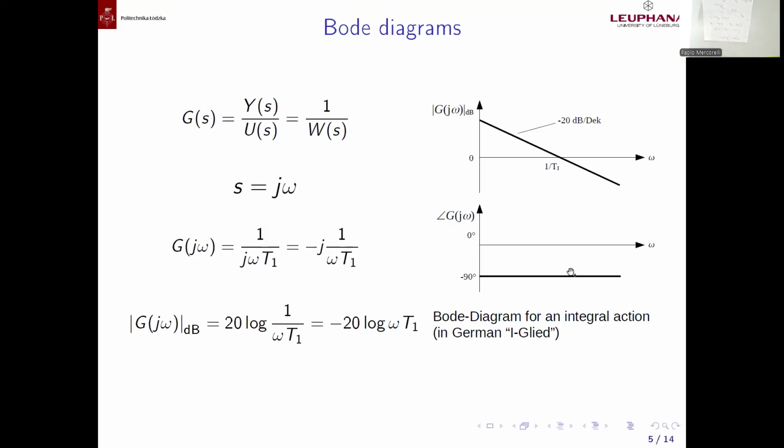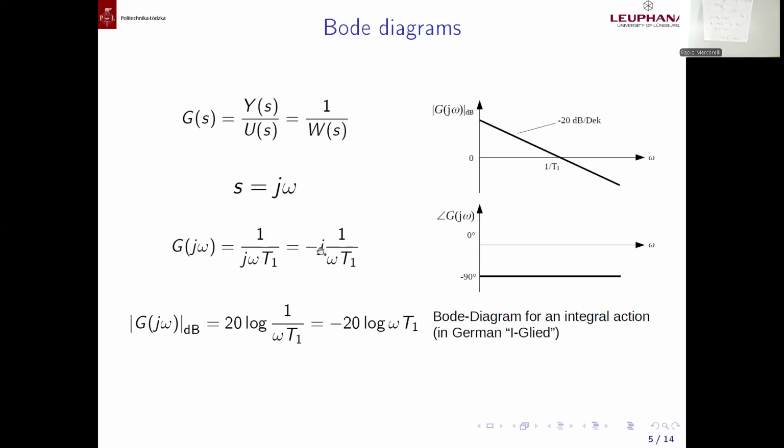Why this one? It is relatively easy for the phase. If you consider that we have now just an imaginary function, this one with minus j.